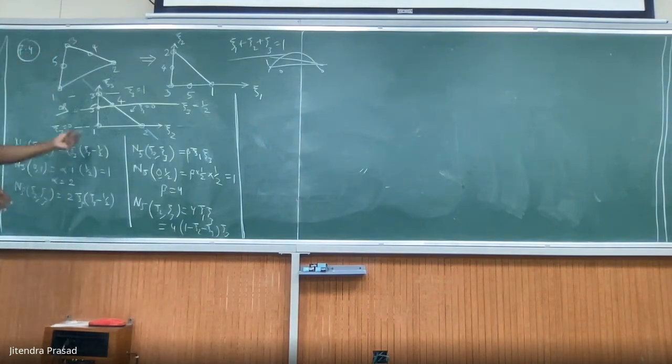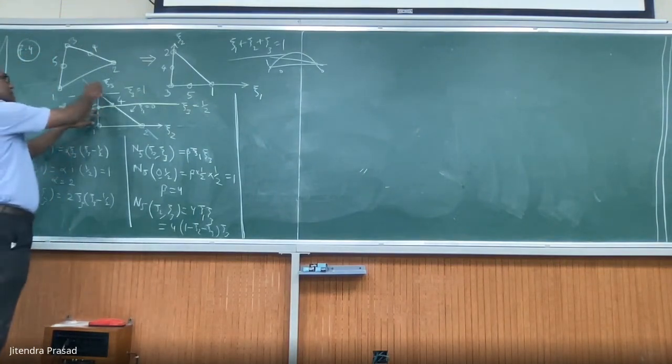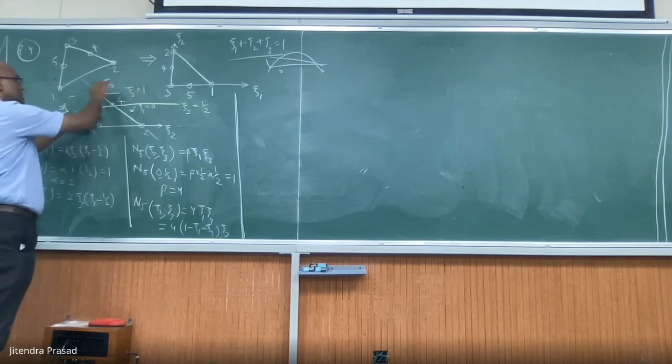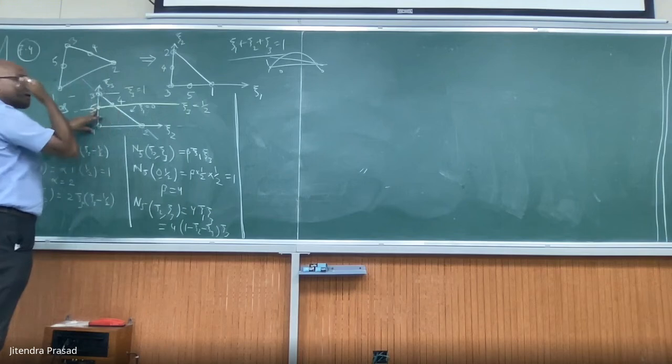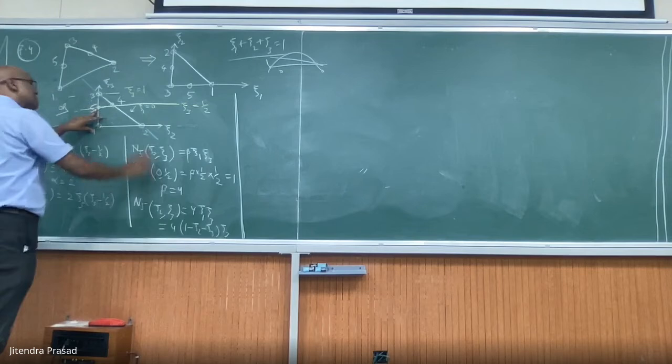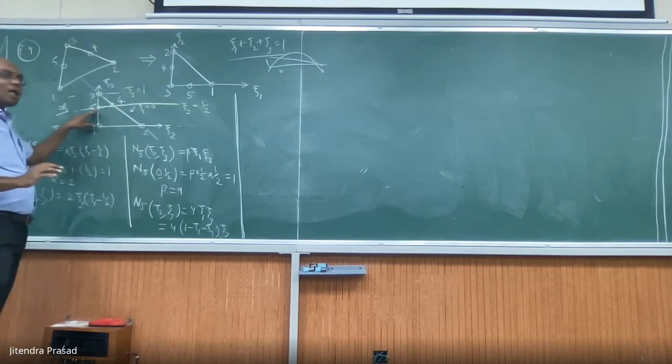Okay, so here, if it is along this, typically what happens? These shape functions are defined for the whole domain. Only at the boundary we are seeing how it is varying.